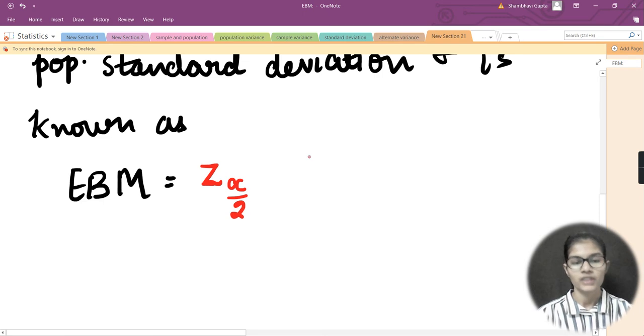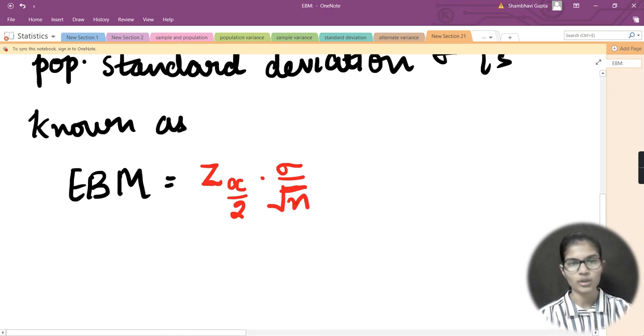I'm taking that and multiplying it by sigma upon the square root of n. Sigma is my standard deviation, and n is the sample size, whatever is given. Fine, so this is the formula for calculating the EBM.